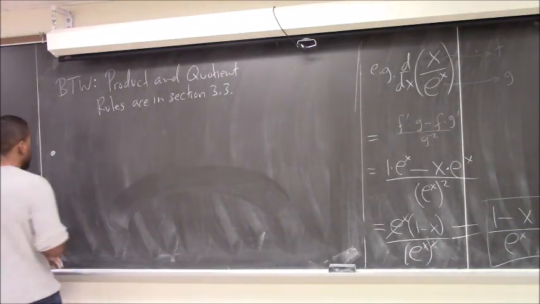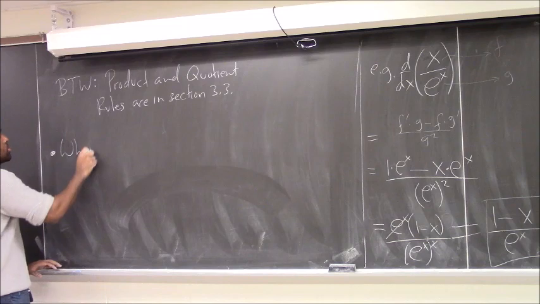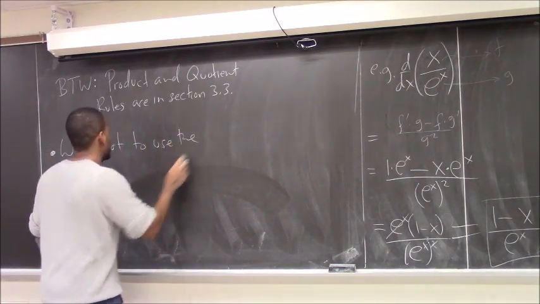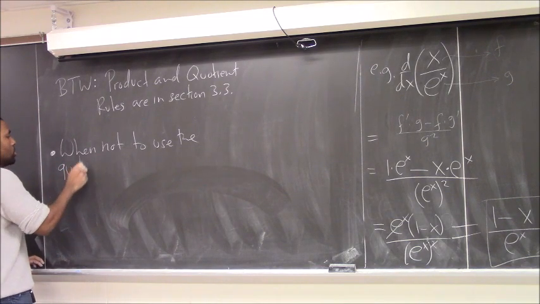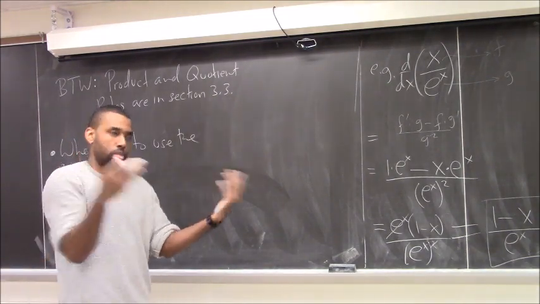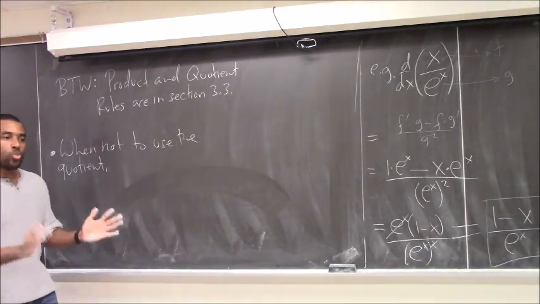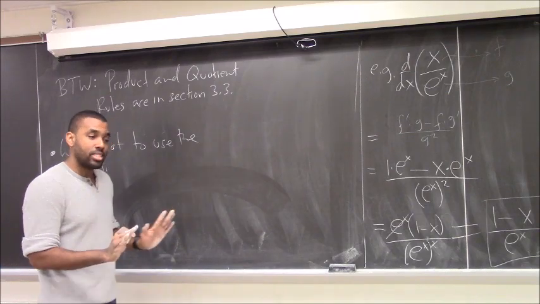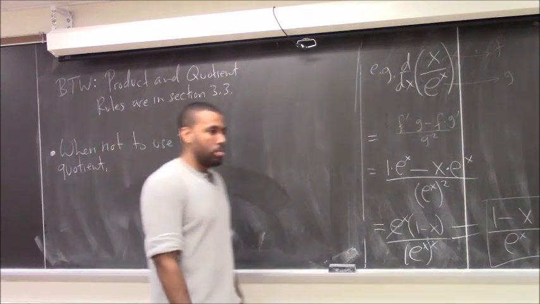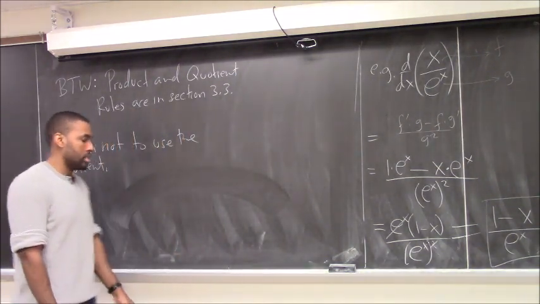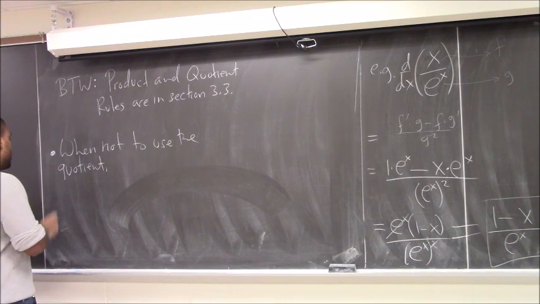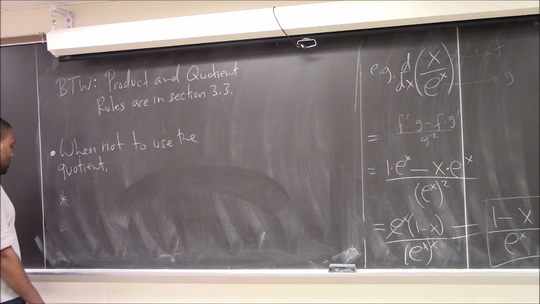So let me just talk about that. There are times when you might see a problem and it's a division, so you might just think, oh, let's use the quotient rule. But it's worth your time to relax and consider, do I really need to use the quotient rule? Because you can end up making a lot of mistakes and end up having to simplify things that you don't need to worry about. So the rule of thumb is not that bad.